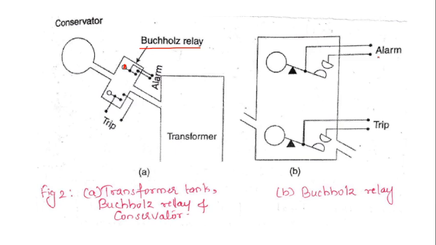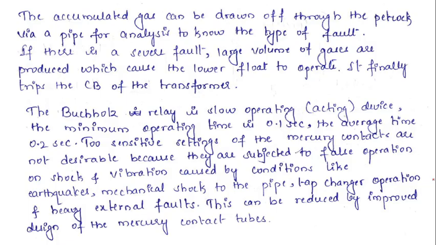If the fault type is very severe, then a large amount of oil will immediately be reduced, because of which the lower float, as you can see here, also starts coming downwards, so that this contact touches this fixed contact and gives a tripping signal to the circuit breaker. Okay, so if a severe fault occurs, the lower float also closes the contact and gives a tripping signal to the circuit breaker. So it finally trips the circuit breaker of the transformer.